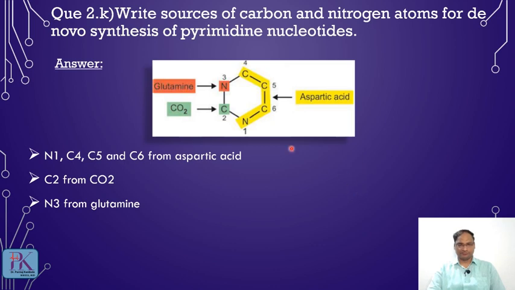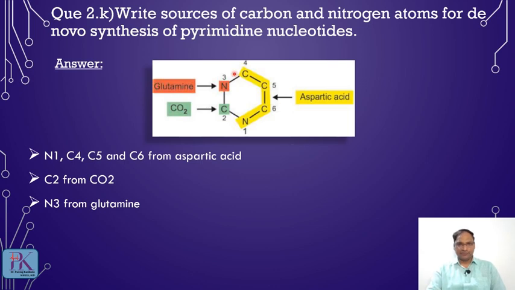It is also asked quite frequently in MCQs, like: C4 of the pyrimidine nucleotide is contributed by which? What is the source of C5 in the pyrimidine nucleotide? So you must remember the sources for both the purine and pyrimidine nucleotide rings.